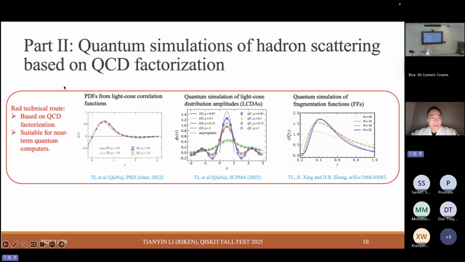And then I want to talk about how to simulate the hadron scattering process by using the QCD factorization theorem.